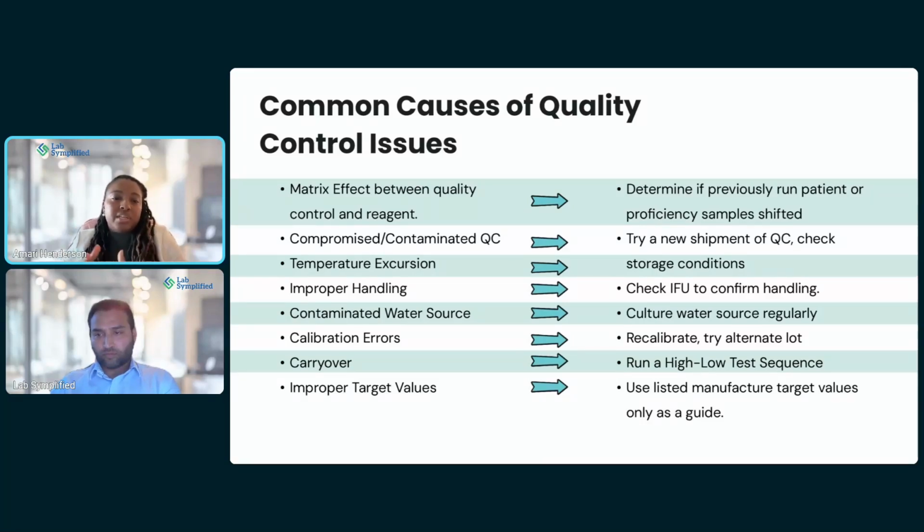Compromised or contaminated QC. Try a new vial or bottle of QC, and then try a new shipment of QC products so we can rule out compromised product. Temperature excursion. So check your storage conditions. Make sure your freezer is not going outside of the expected temperature range that's listed in your instructions for use for your products.